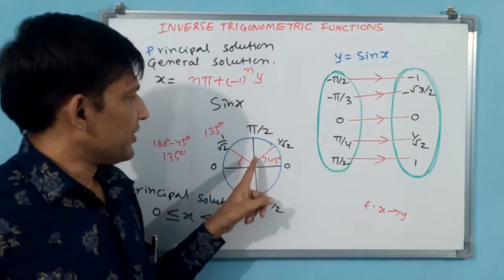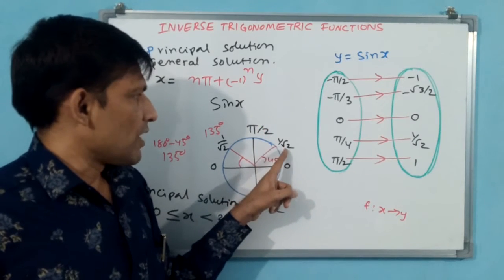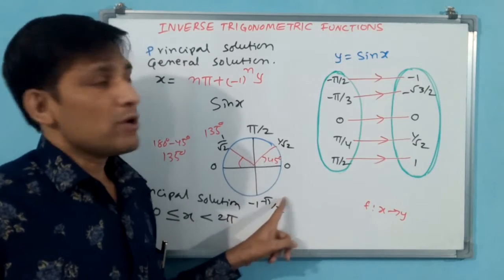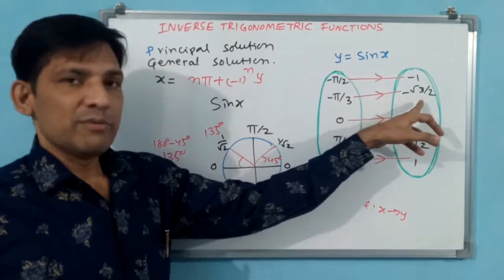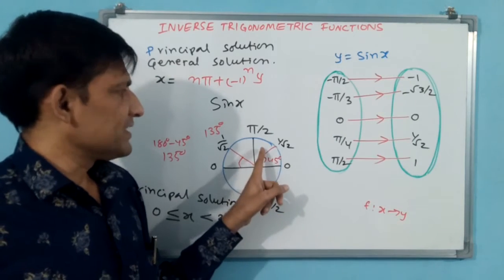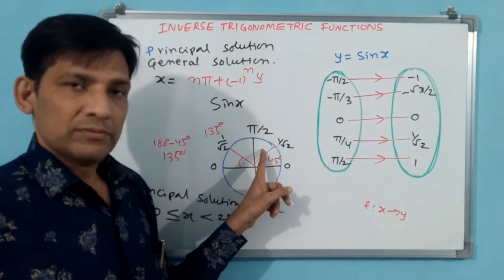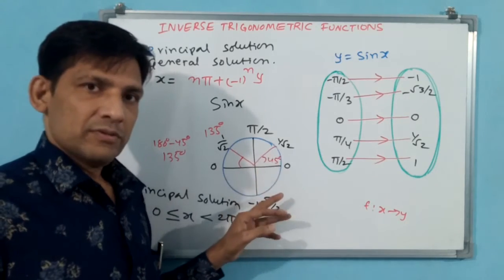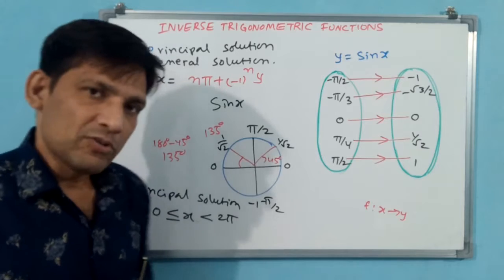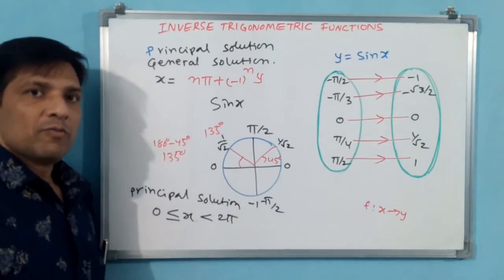Okay. And even if you see 1 by root 2, minus 1 by root 2 will come. Why? Because minus pi by 4. Minus 60 minus root 3 by 2, plus 60 plus root 3 by 2. Okay. Plus 1 by 2, minus 1 by 2. All different values are going to come. Okay.